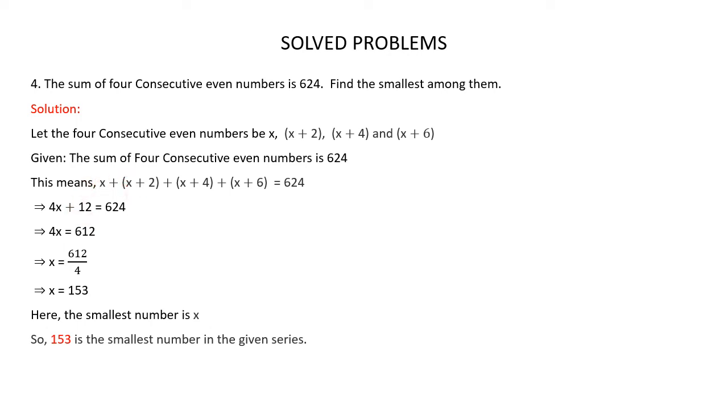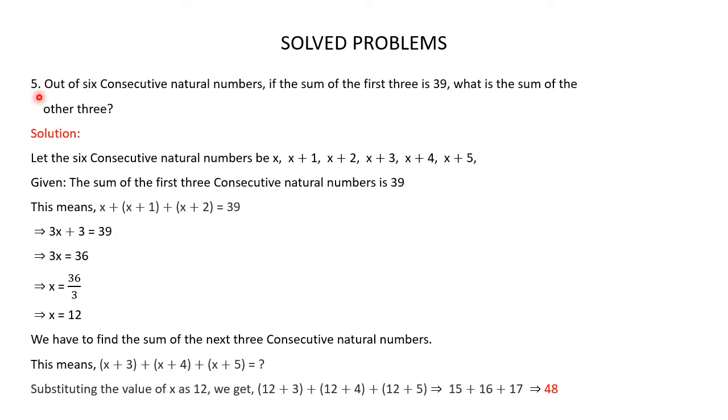Move 12 to the other side. So you get 4x is equal to 624 minus 12, which is 612. So x is equal to 612 divided by 4, which is 153. Here the smallest number is x. So 153 is the smallest number in the given series.